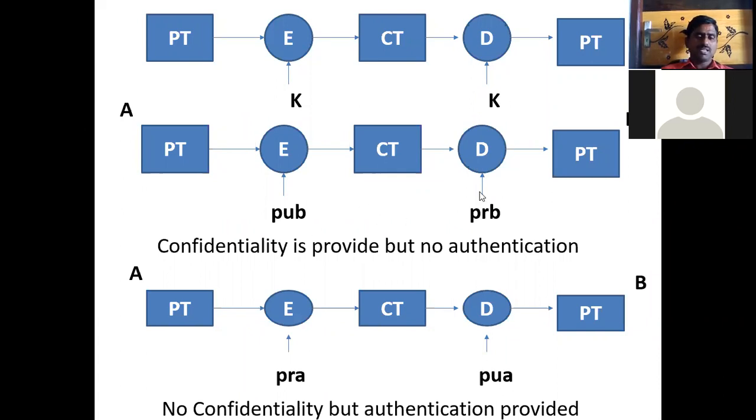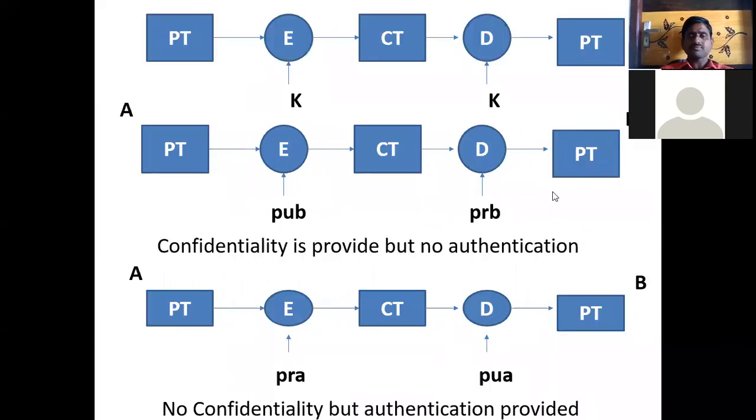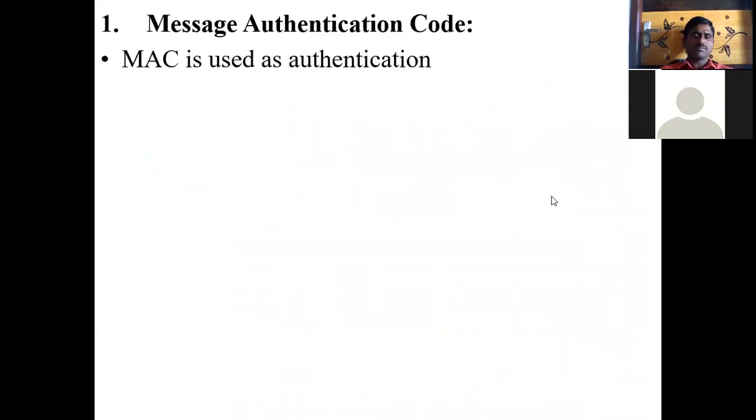So in this case the confidentiality is there, but there is no authentication. And in the next case, there is no confidentiality, but there is an authentication. So we combine both to get both authentication and confidentiality. So that is message encryption.